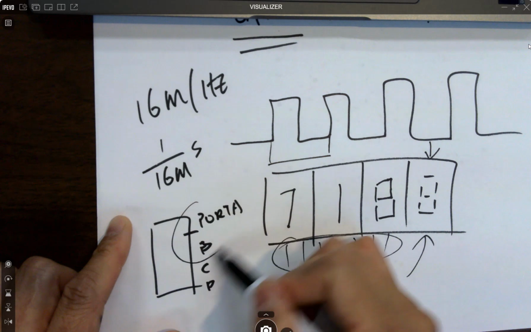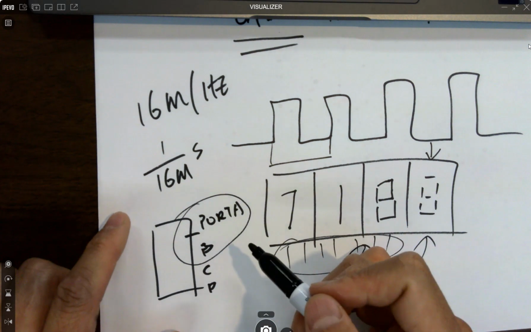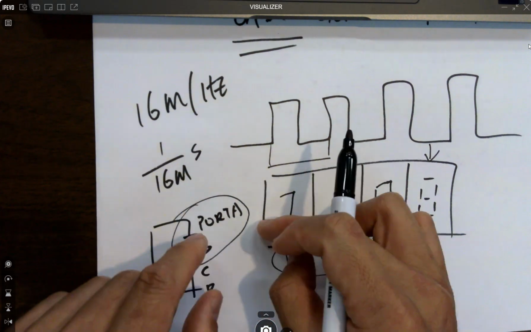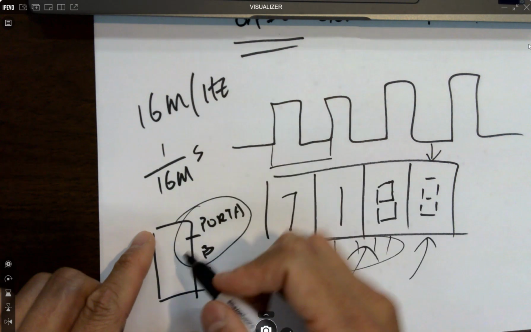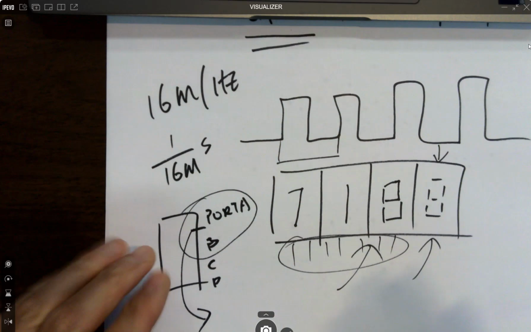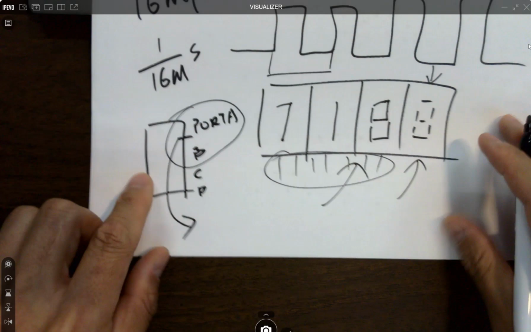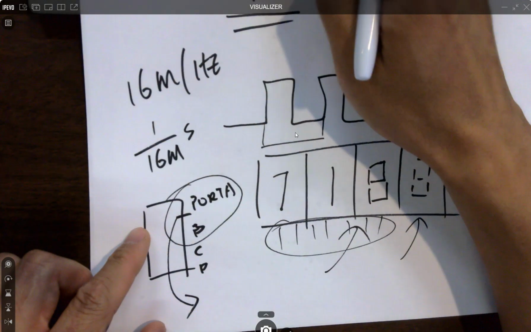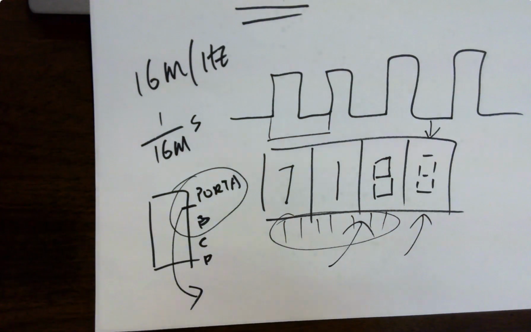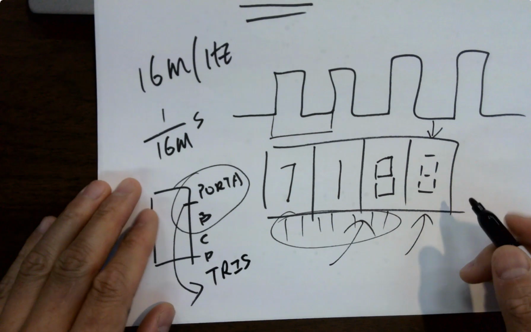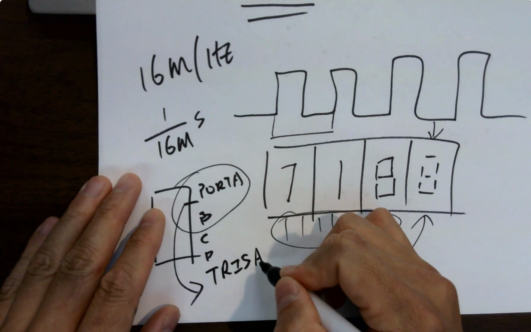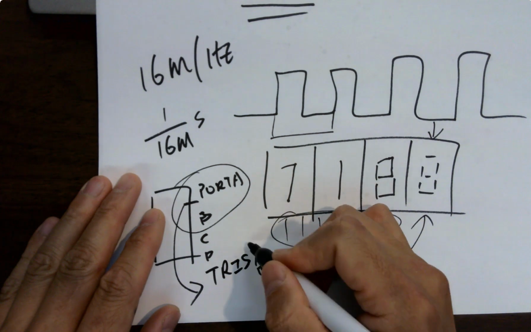But port A and B, or every single port, they have 3 control registers, mainly 3 control registers. Probably others as well, but the main ones that we are going to use, the first one is called TRIS. So it's TRIS A or B, something like that. So it's usually TRIS X.